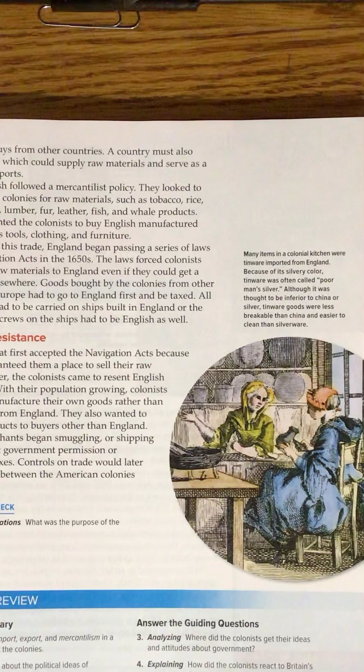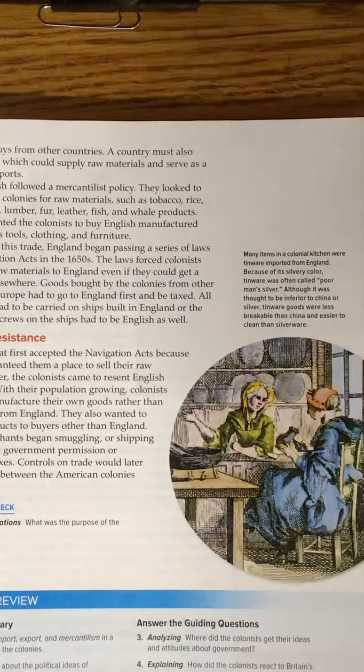The laws forced colonists to sell their raw materials to England even if they could get a better price elsewhere. Goods bought by the colonies from other countries in Europe had to go to England first and be taxed. All trade goods had to be carried on ships built in England or the colonies. The crews on the ships had to be English as well.